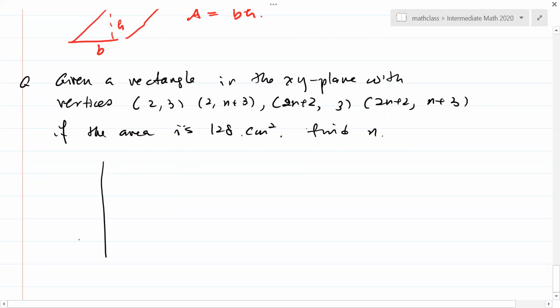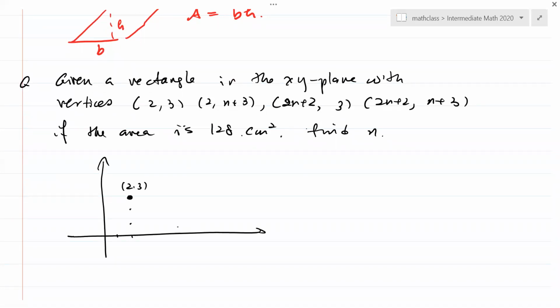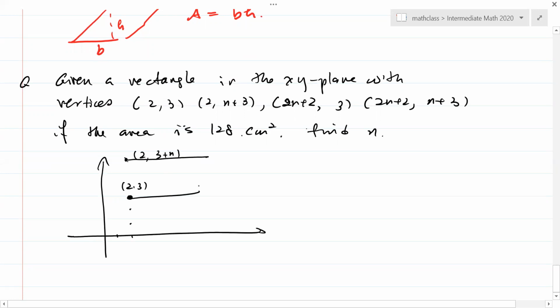So the first thing you have to do is draw the picture. (2, 3) is here. Then (2, n+3) is a number larger than 3, so somewhere here. So actually you're going to draw the picture like this.